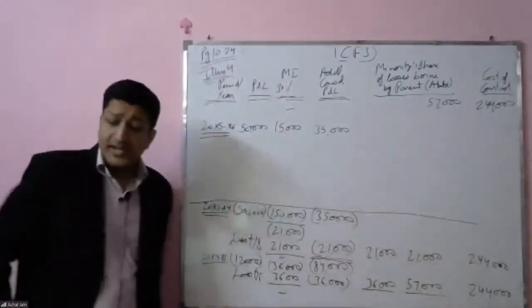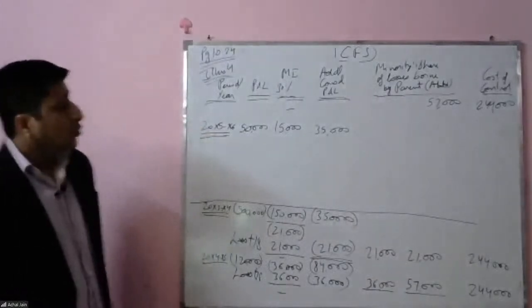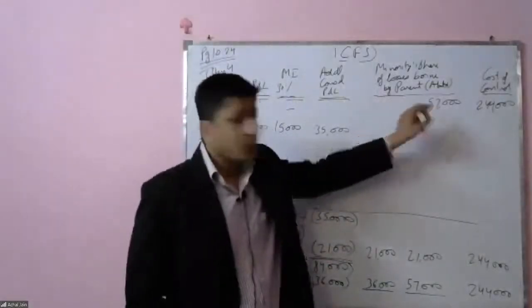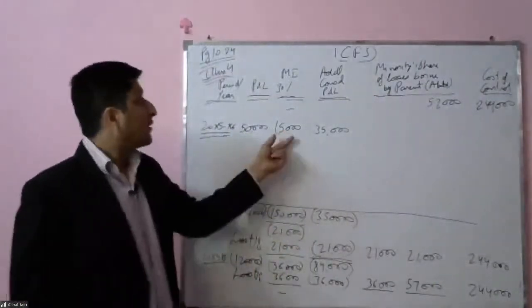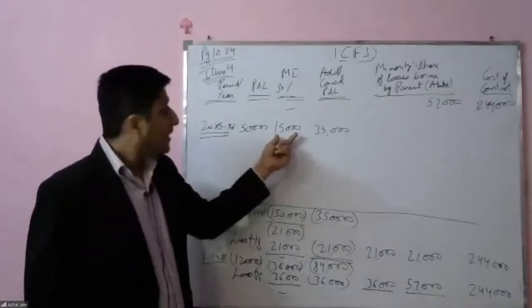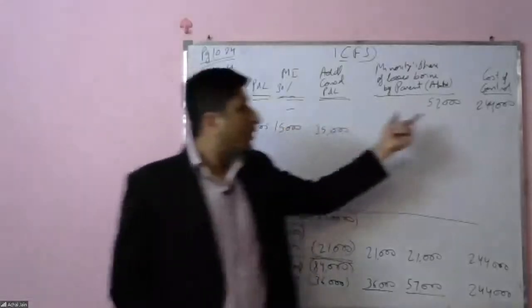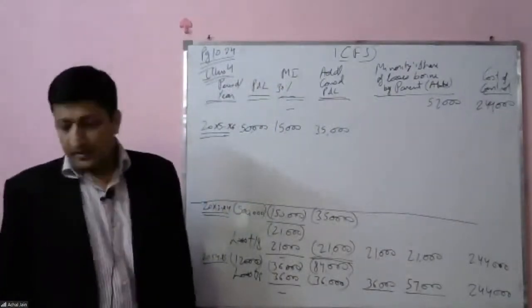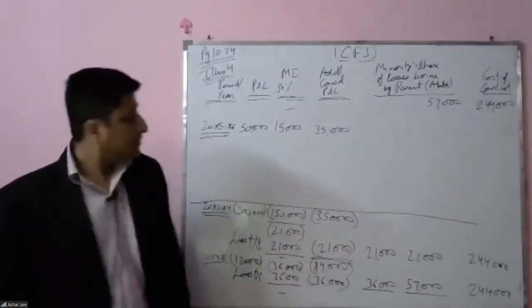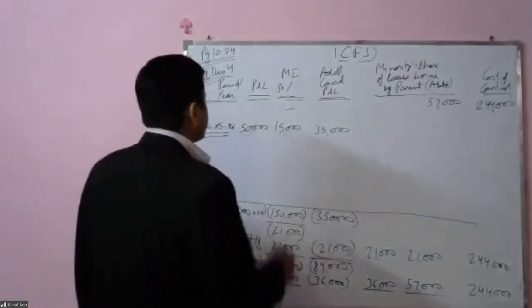Or you can say, to the extent of this 57,000, any profits which would be allocated to minority would also get transferred to the parent. So let's see how we do this.